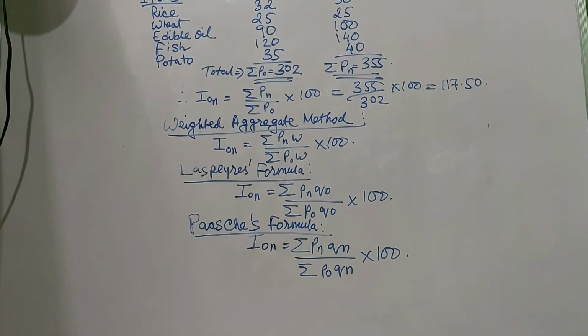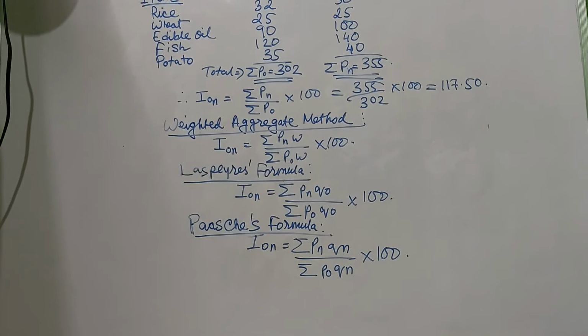Summation of PnQn means the current year price with current year quantity total value, divided by the base year price with current year quantities total value, multiplied by 100. This is Paasche's.